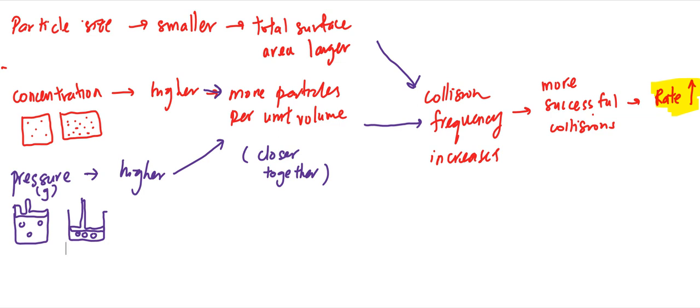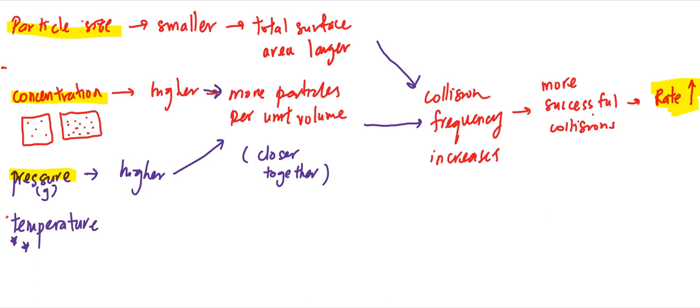So this is commonly what they ask you in IGCSE. But not yet finished. We have these important things: particle size, concentration, pressure. Got some more: temperature. Now, temperature is very important. Temperature is a very frequent question in rate of reaction.